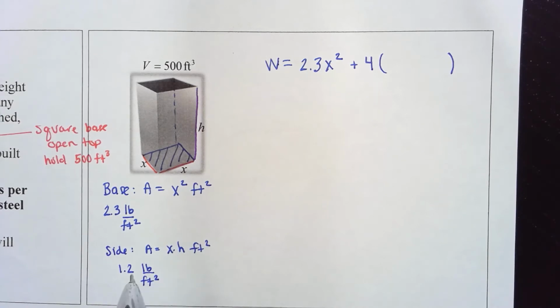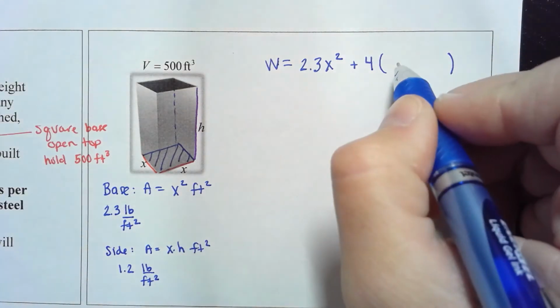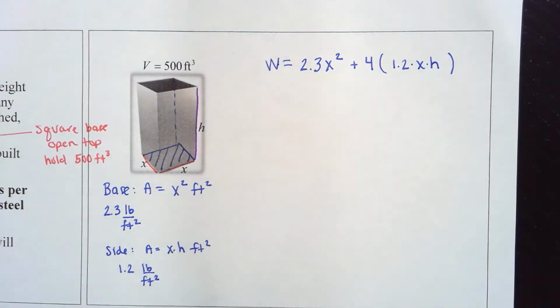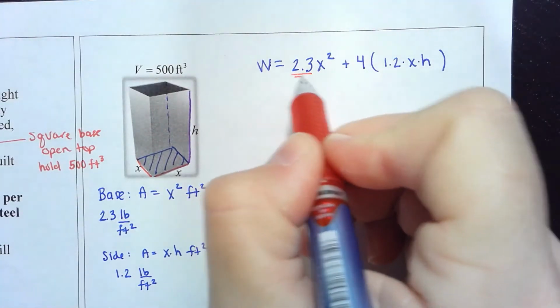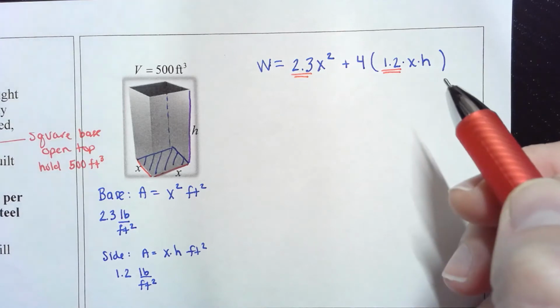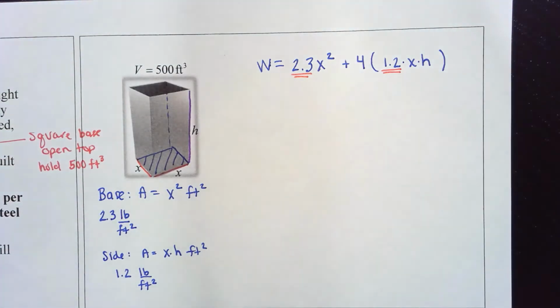So I have 4 sides, and each side has a weight of 1.2 times x times h. So the difference here from yesterday, or from that worksheet 7, is the addition of this number, and not addition as in we're adding, but the inclusion maybe of the weights. Okay.